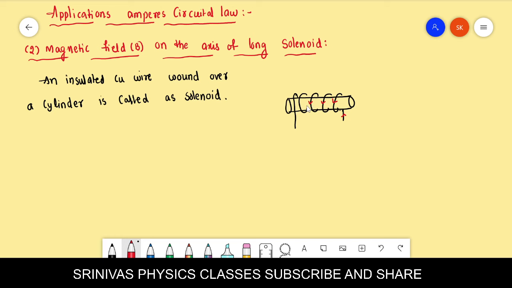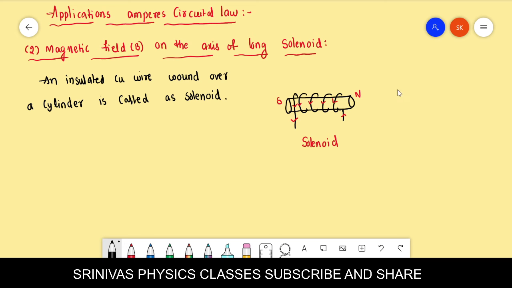This is the current carrying coil, in the shape of a cylinder, and this is said to be a solenoid. It will act like a magnet, one side acting as the north pole and the other side as the south pole.